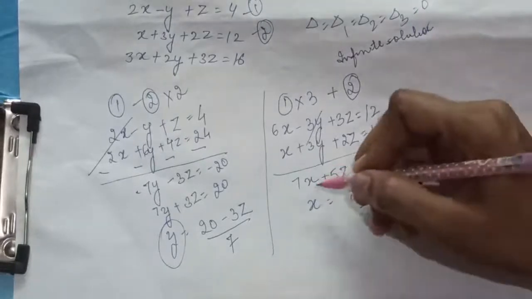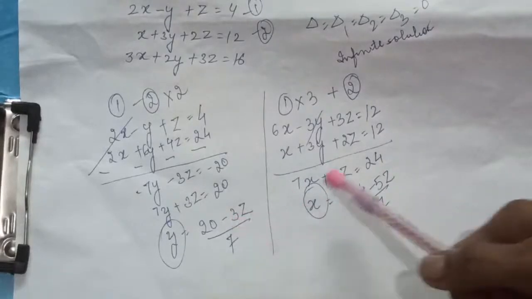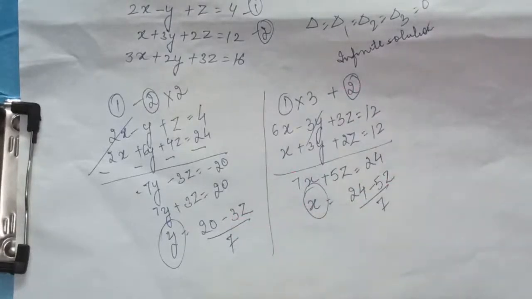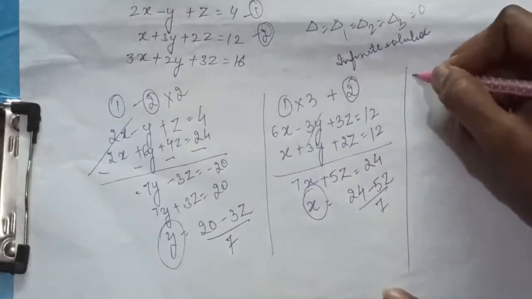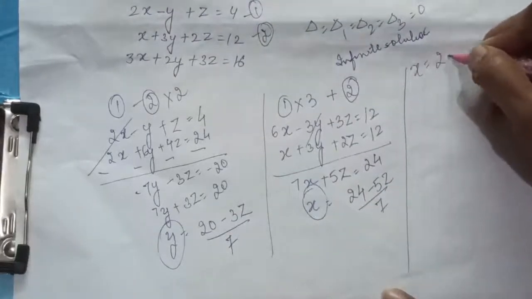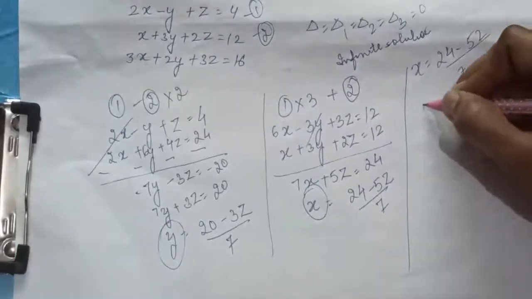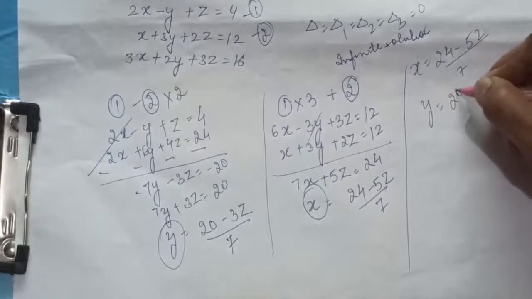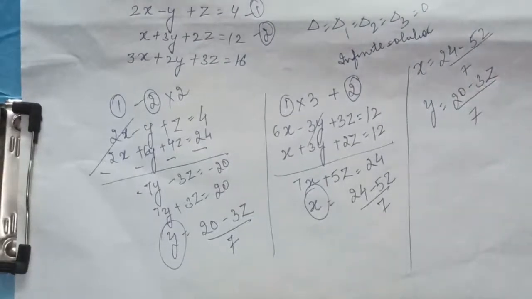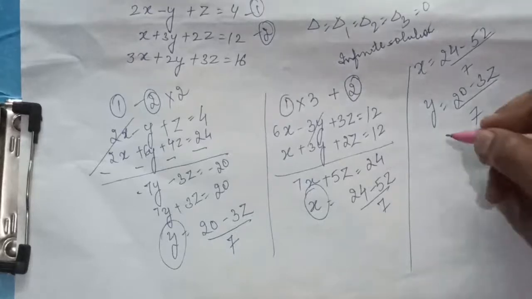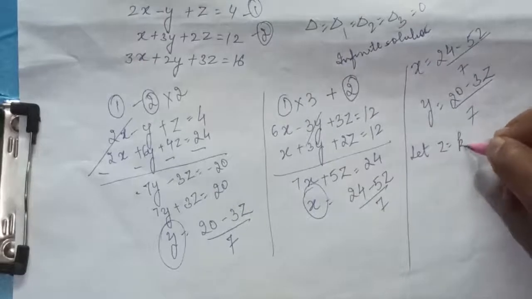So now you can see I have solved for the values of x and y while my z is on the right hand side for both. So in the last, what will I write? I will write my x answer, 24 minus 5z divided by 7, and y's answer, 20 minus 3z divided by 7. These are the two answers I have got, and I will write let z is equal to k.